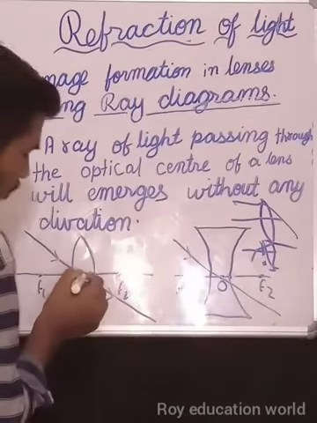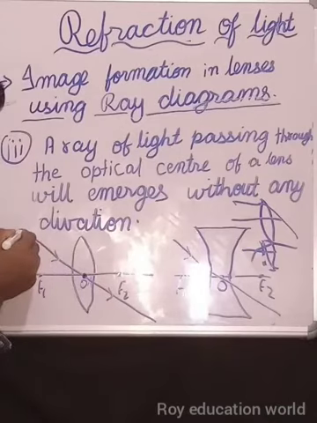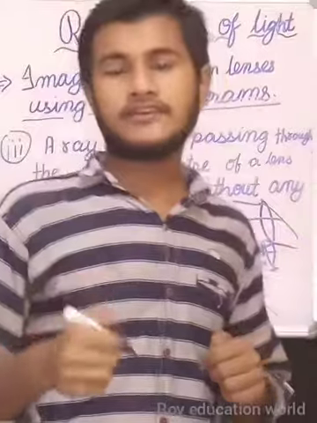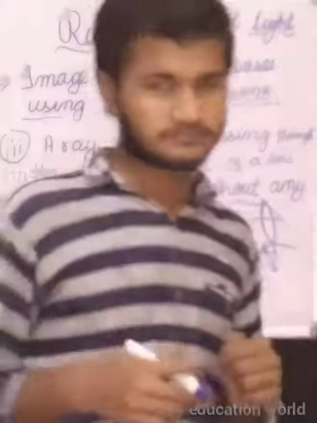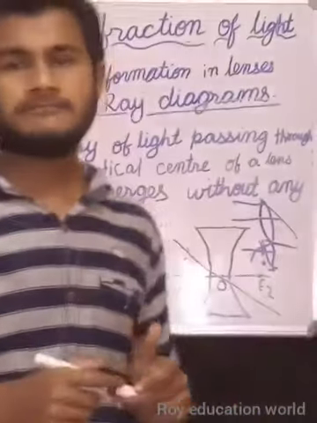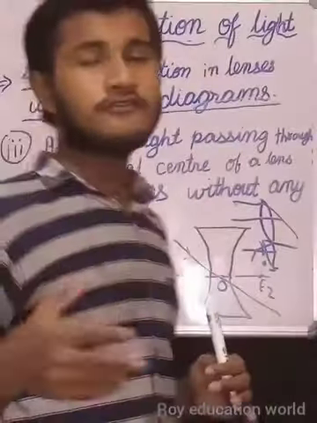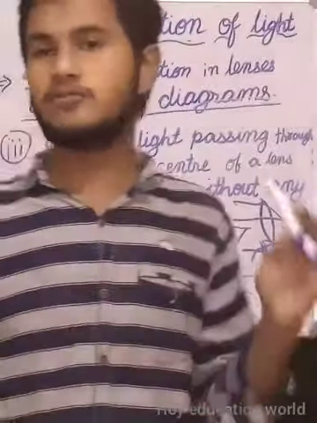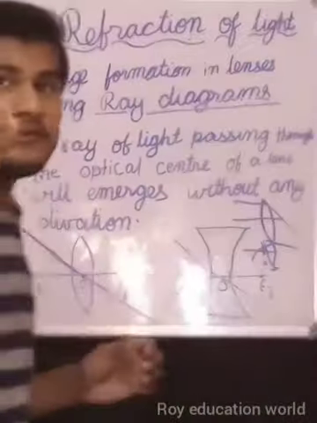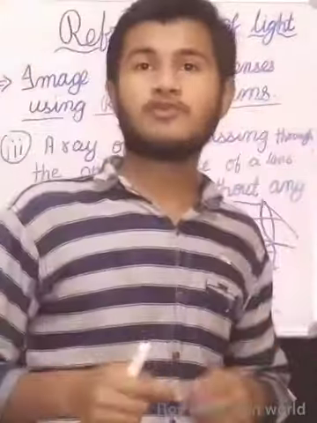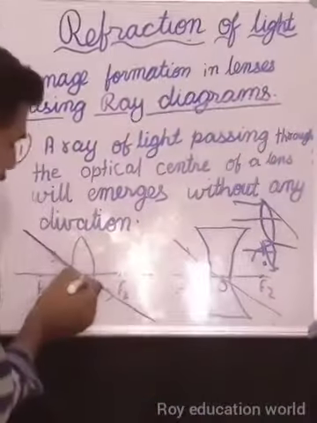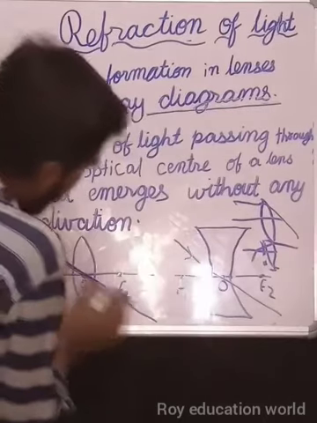We know that when a ray of light comes from one medium to another, there is a change of speed of light in the medium. Refraction of light is the bending of light from one medium to another. But when it passes through the optical center, it does not deviate.